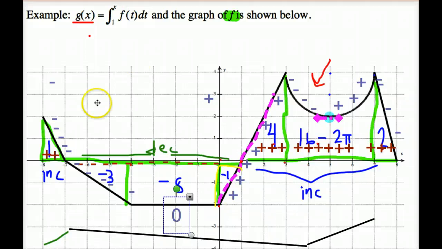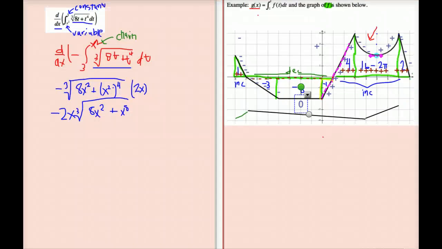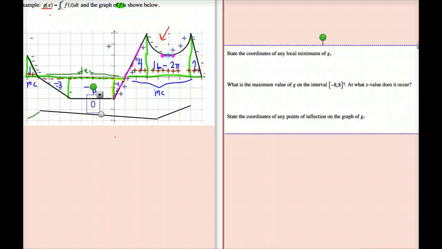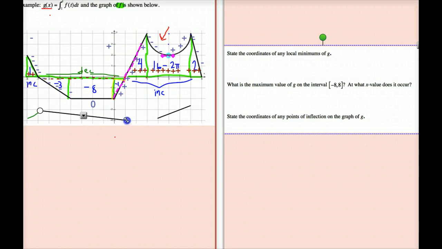So let's go ahead and answer some of the following questions. It says, state any local minimums of G. Well, according to my interpretation, I went increase, decrease, increase. I should have shifted these over, sorry. My negative stopped here. My positive was here. So where do I hit my negative value? Good.